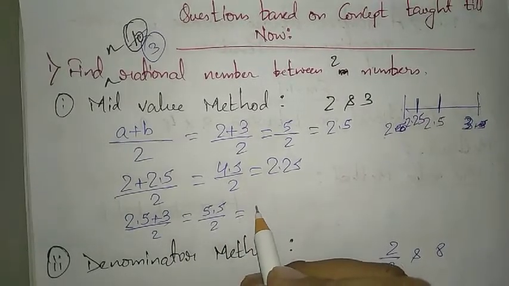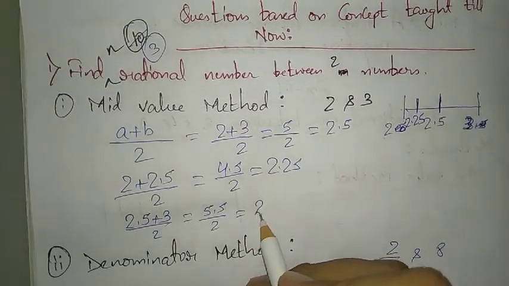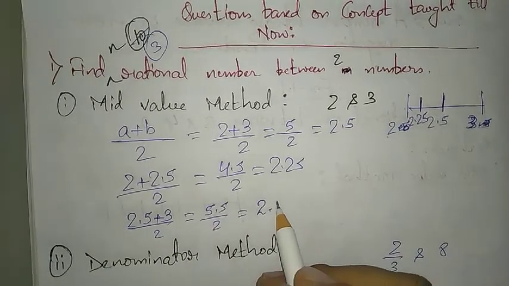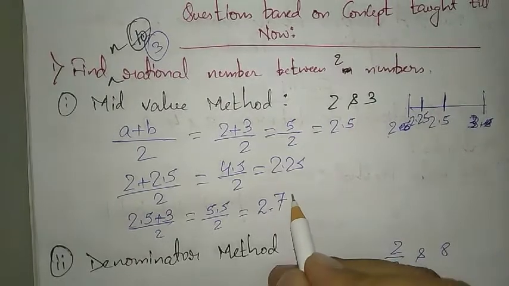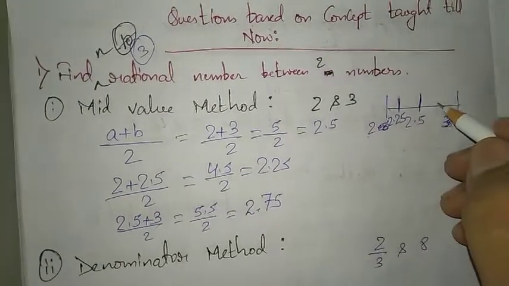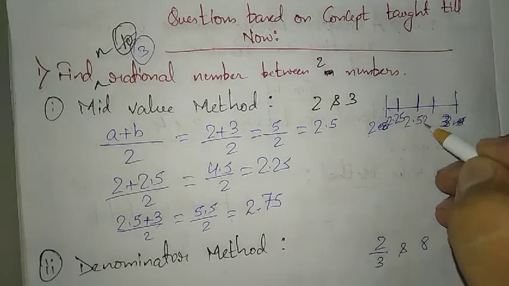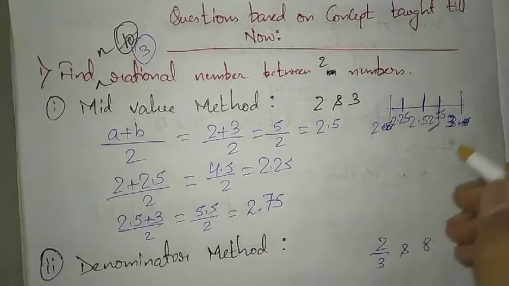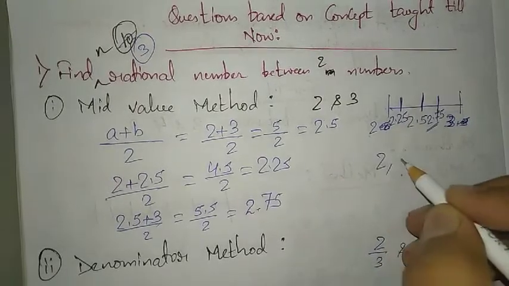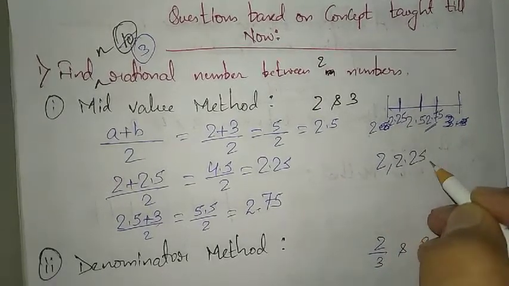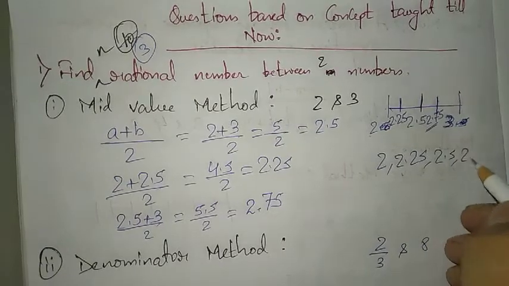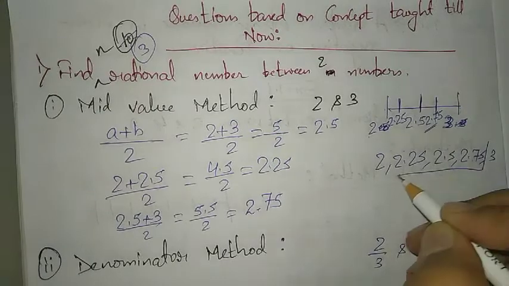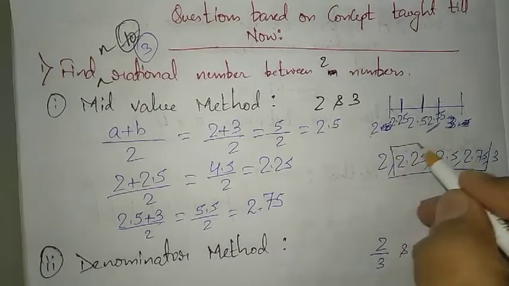According to the division, 2 2s are 4, now this is 15, 2 7s are 14 and 2 5s are 10. So this gives you 2.75. Okay. So we got three rational numbers between 2 and 3: the numbers 2.25, 2.5, 2.75, and then 3. So we got three numbers between 2 and 3.